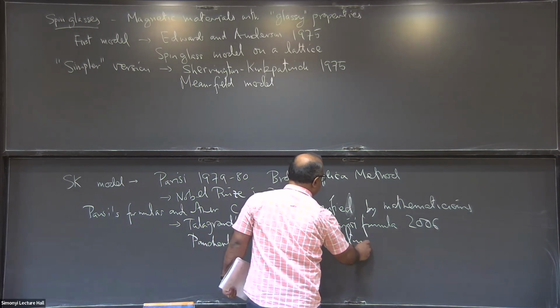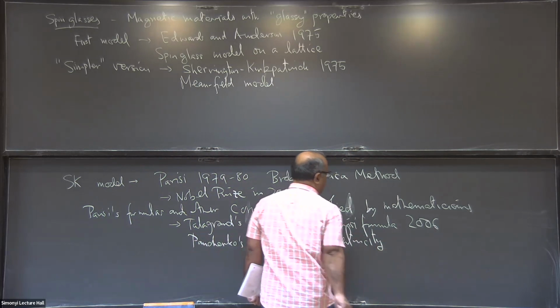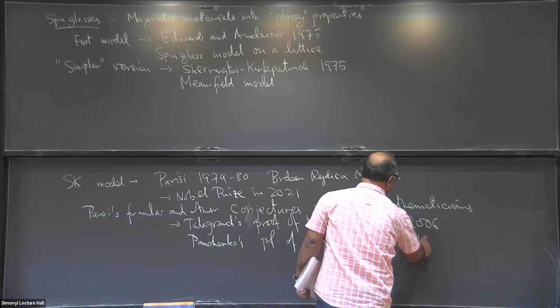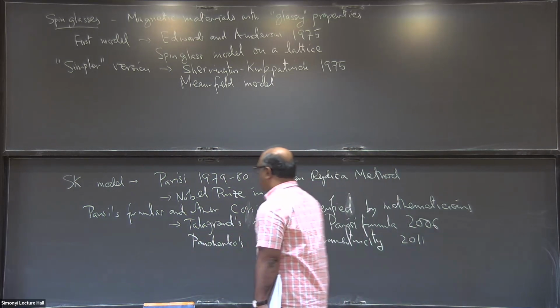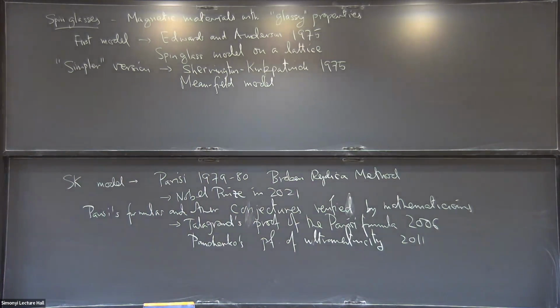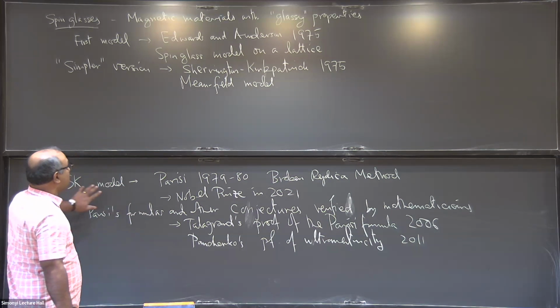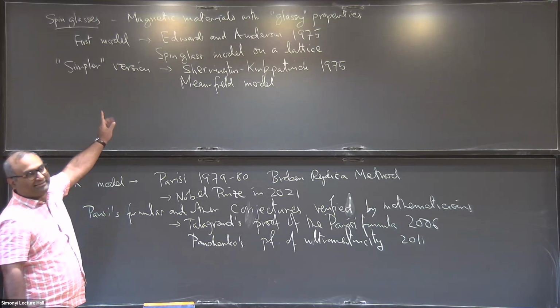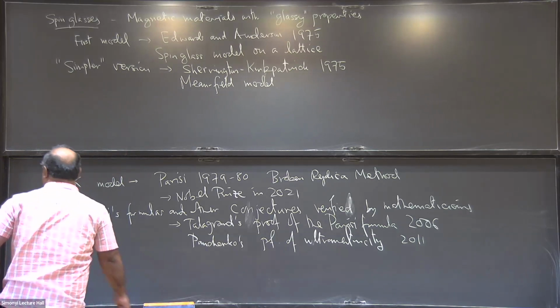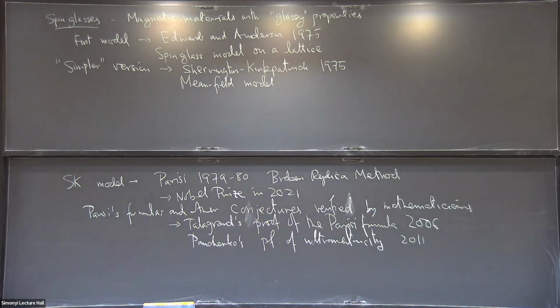These were all conjectured by Parisi, and this is 2011, I think. These are landmark works on the math side, and there's still work ongoing to settle the other conjectures. But this is all for the simplified model, okay? The model which was supposed to be more tractable than the Edwards-Anderson model, okay?